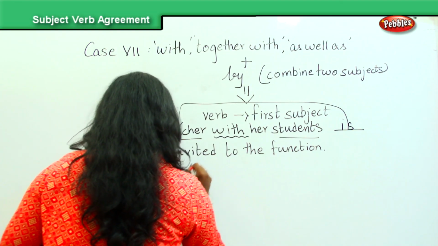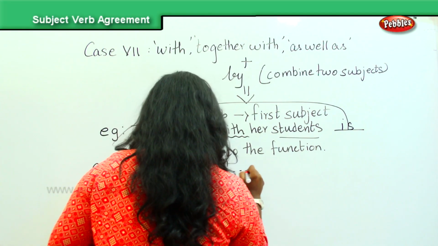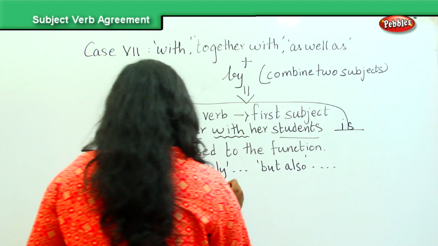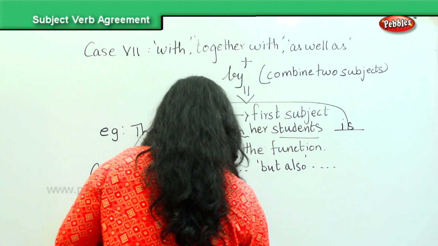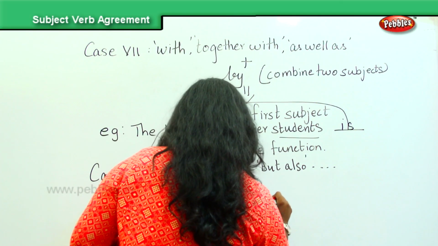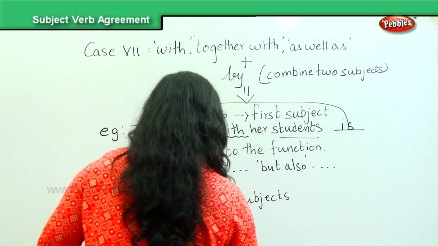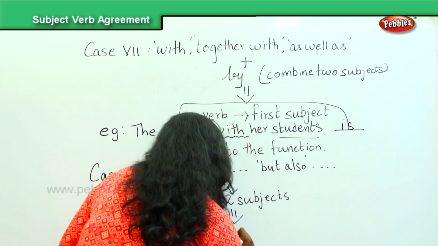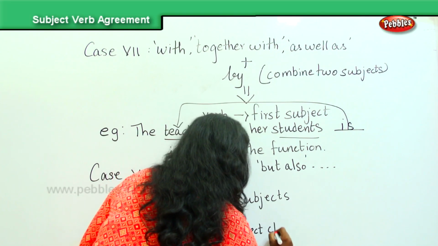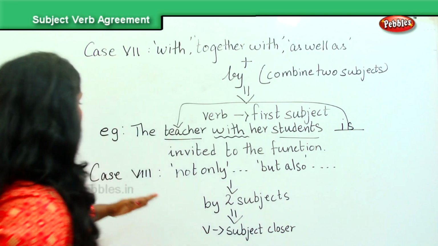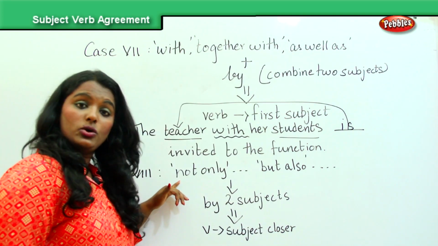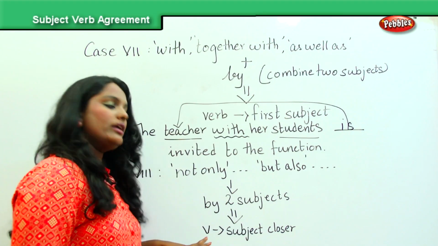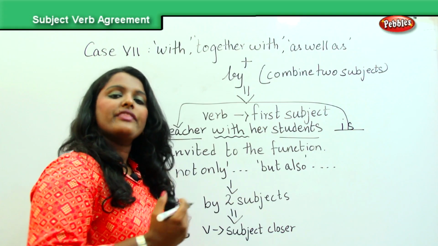Let me explain case 8. So case 8 goes like this. Your 8th case is like this: when your sentence has not only or but also combined by 2 subjects, then your verb will agree with the subject that is nearer.